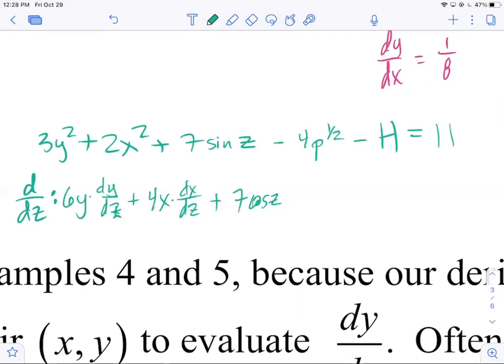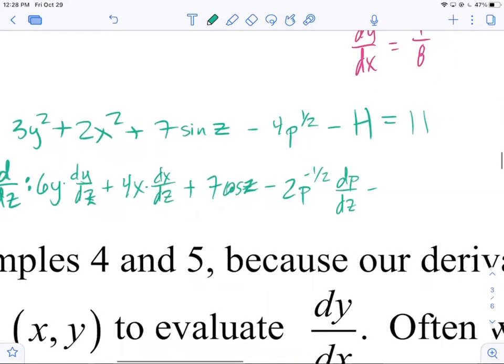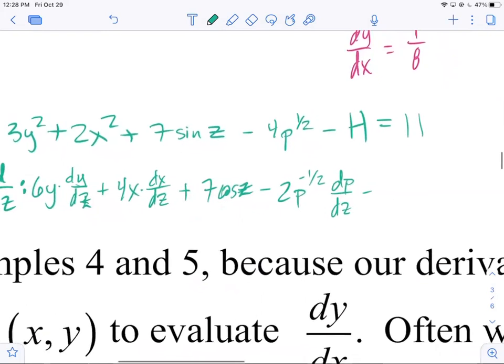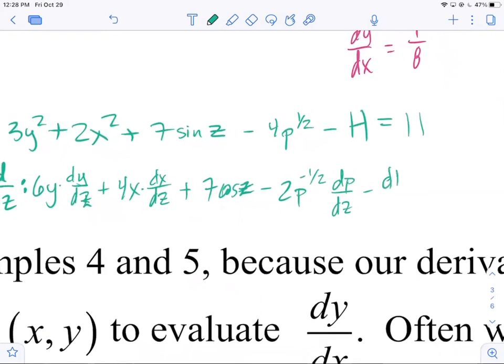Do we need that one though? No, it's the only one that we don't need. Then minus 2p to the negative 1/2 dp dz, and then minus the derivative of h is 1 times the chain rule dh dz, and then any constant with respect to any variable doesn't change.